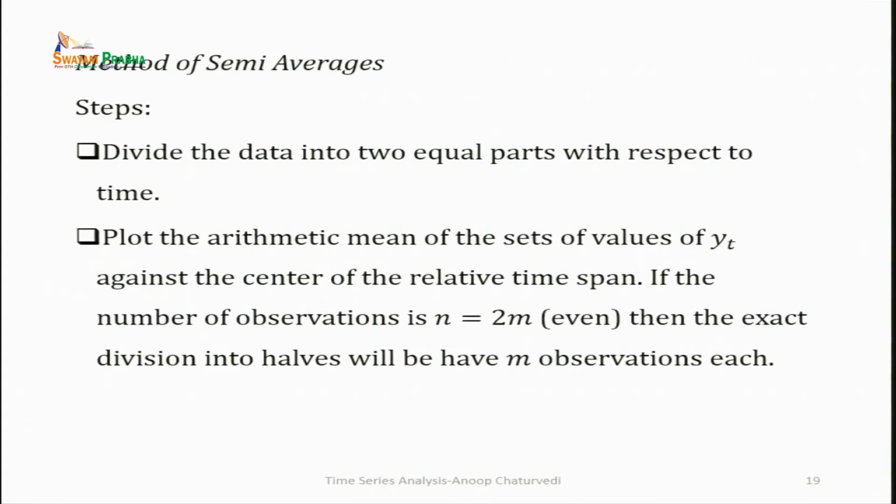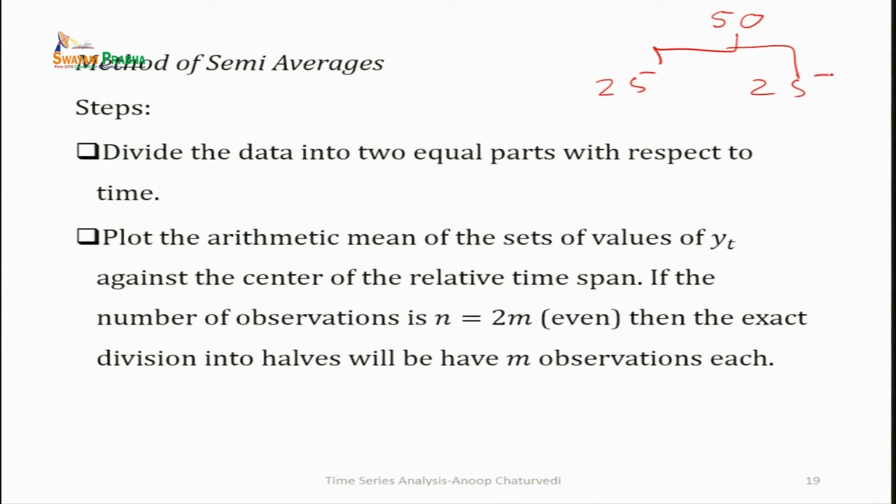The second method is the method of semi-averages. This method is also quite simple. The main steps of this method are: you divide the data into two equal parts with respect to time. So, suppose you have 50 observations, then you divide it into 25 and 25, two sets.